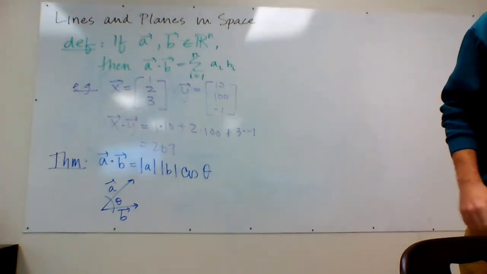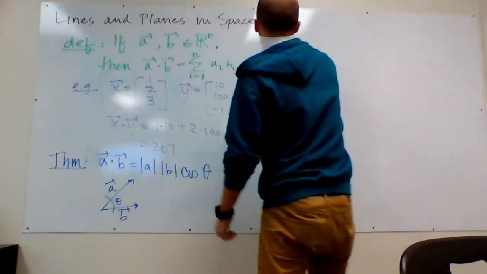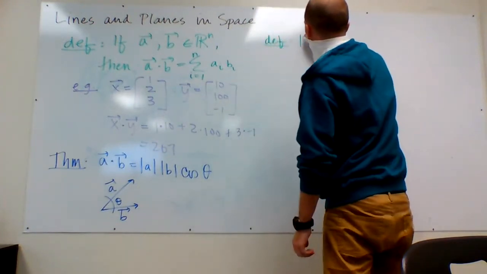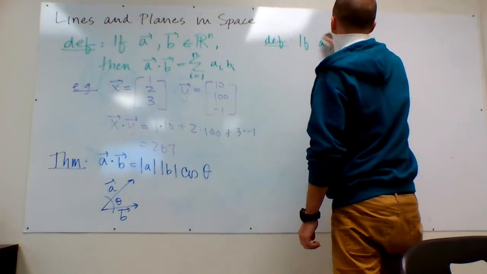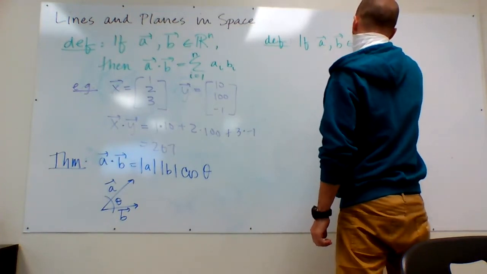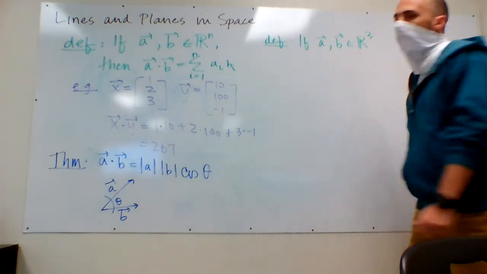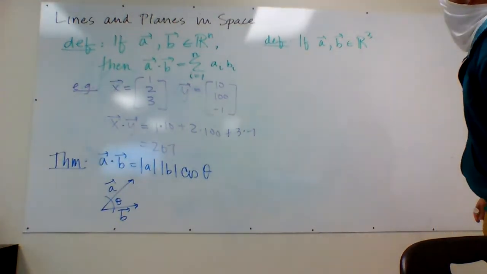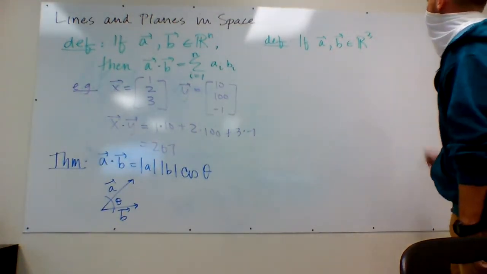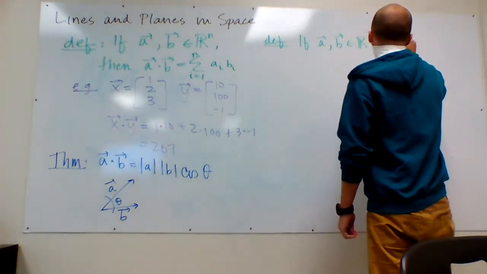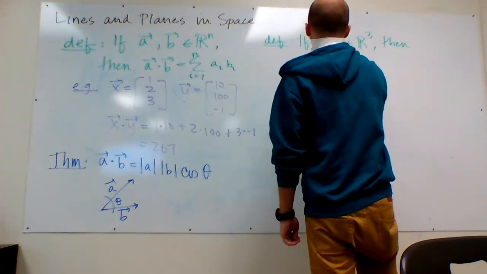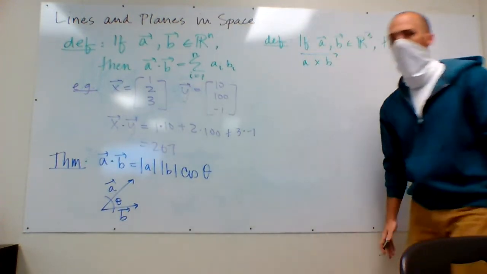Then I will define the cross product. If A and B are three-dimensional vectors, we're only going to cross three-dimensional vectors. And this is kind of a slippery beast to define.